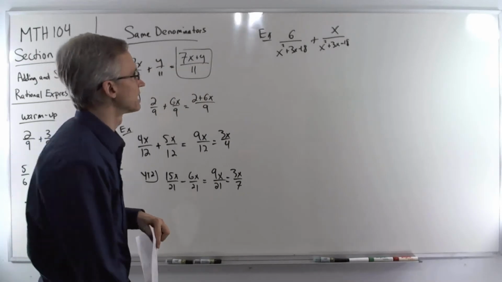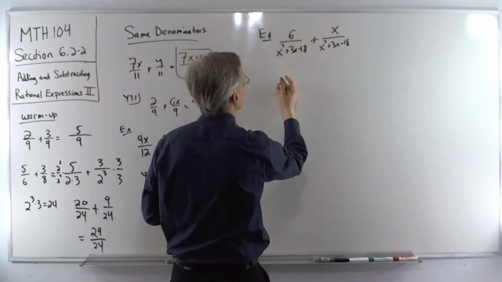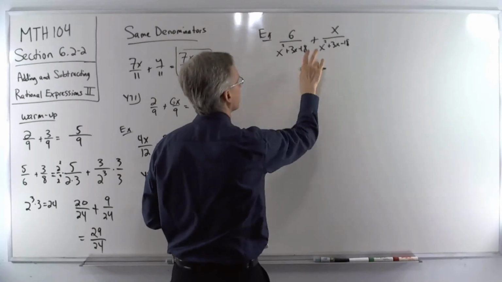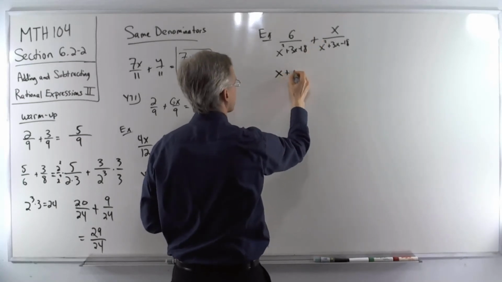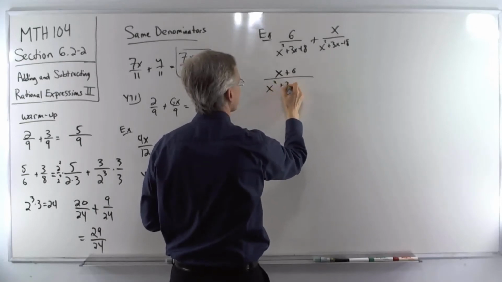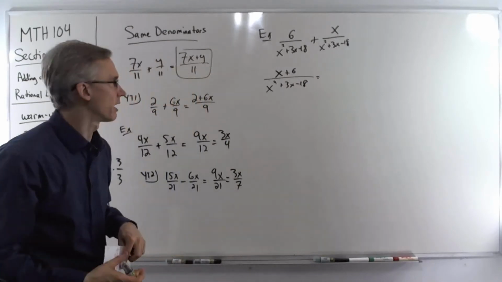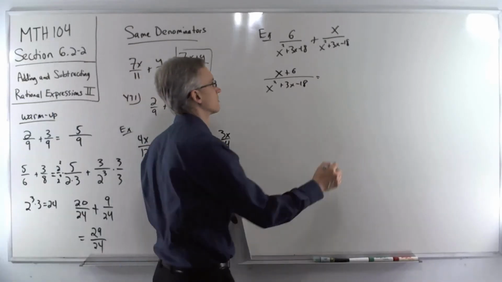So we're going to combine these. We have our common denominator. Combine the top. Now I'm just going to switch the order. With addition, order doesn't matter. I'm going to write it as x plus 6 over x squared plus 3x minus 18. Now let's factor the denominator, see what happens.